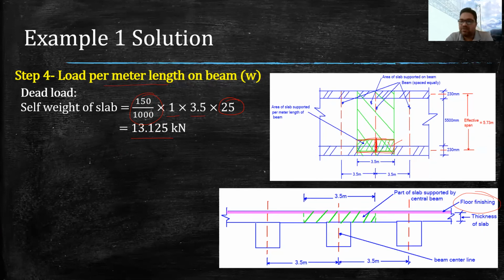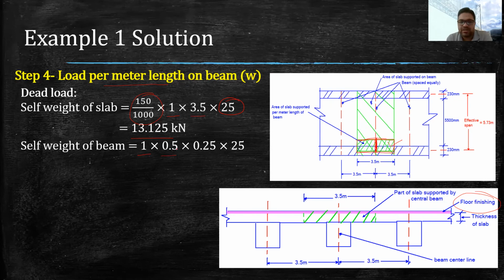After that, we will find out the self weight of beam, because the beam will support its own weight also. The self weight of beam can be calculated from the length of beam, which is 1 meter, and the depth of beam, which is 0.5 meter. This depth is 500 mm, which is already mentioned in the question, I mean, the depth of beam is restricted to 500 mm, which is the overall depth.